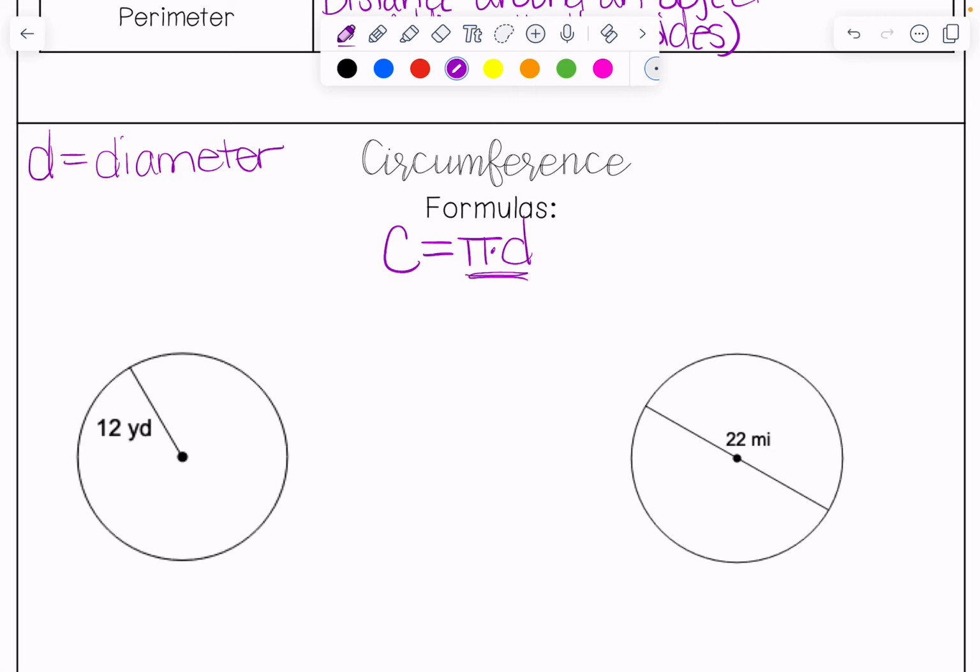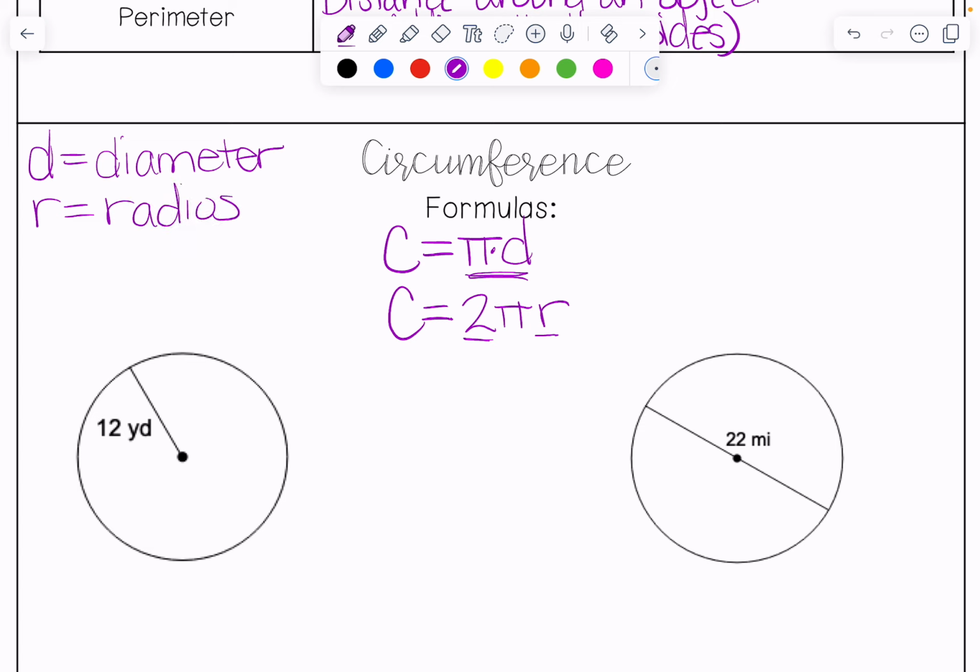And then our other formula, if you're given the radius instead of the diameter, remember the radius is half of the diameter. So if we double the radius and then multiply it by pi, then we would end up being able to solve for the circumference as well. So that 2 times the radius is equal to that diameter. So here r is the radius.